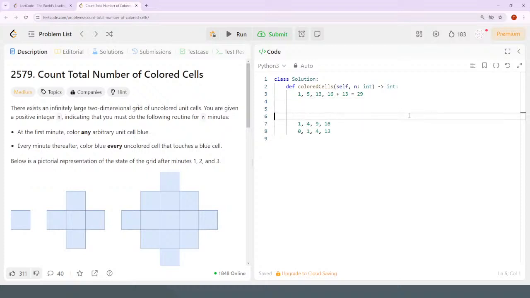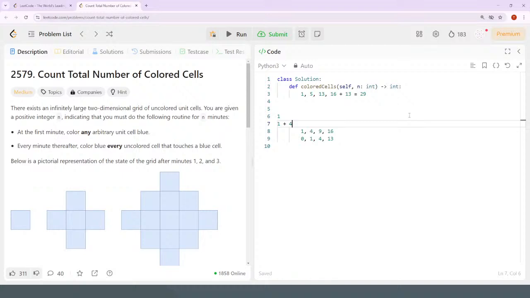Let's see. So you start with 1. The outer perimeter is 1. So then you do 1 times 4 plus 1 is 5. And then the outer perimeter there is 4. You multiply that by 2. 1, 2, 3, 4, 5, 6, 7, 8.